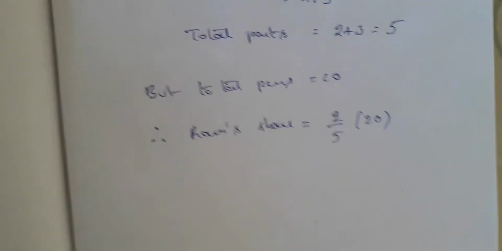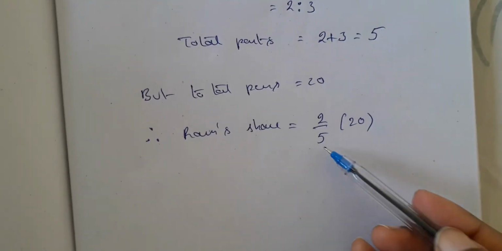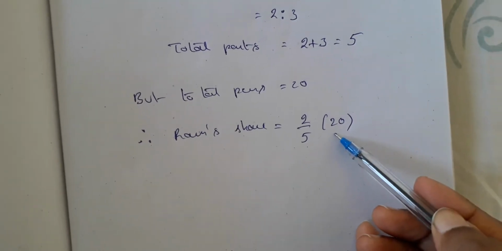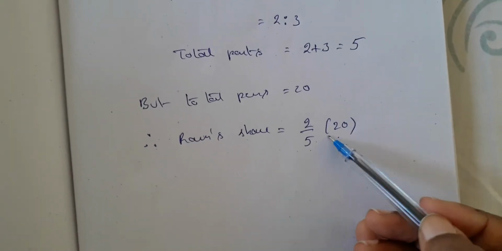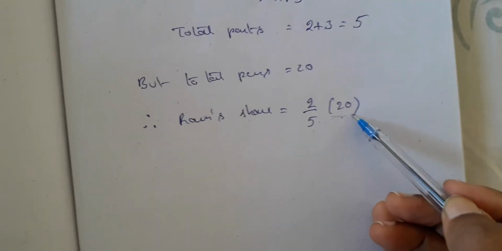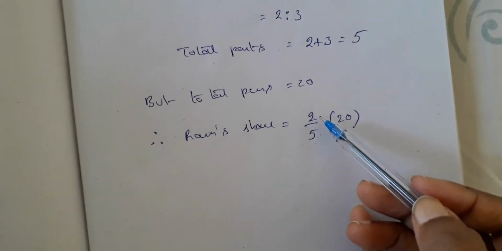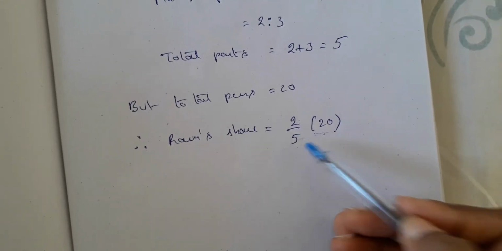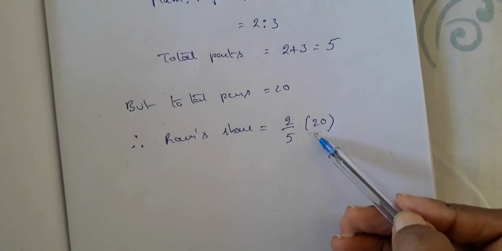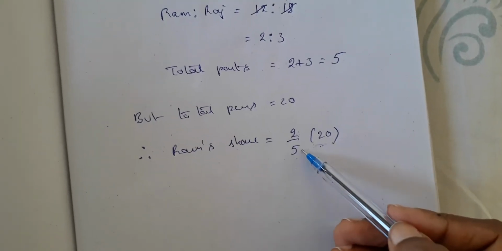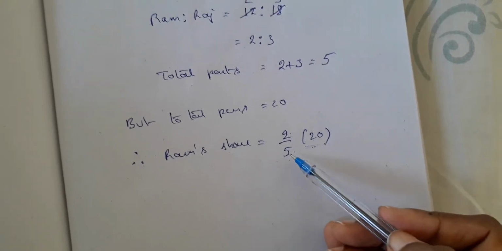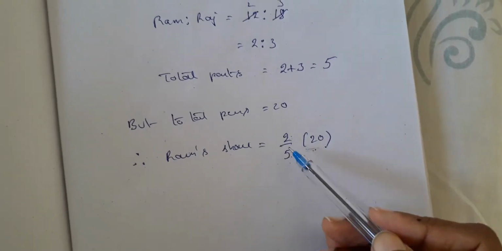This is how you have to think. 2 out of 5, of the whole thing. What is the whole thing? 20 is the number of goods. So Ram should get 2 by 5 shares of the whole thing. What is the meaning of 2 by 5 shares? That means 2 out of 5 shares.